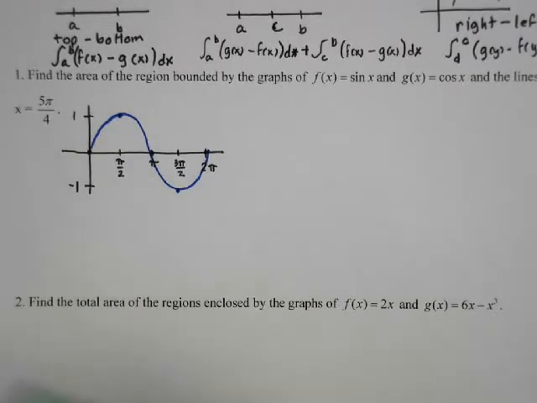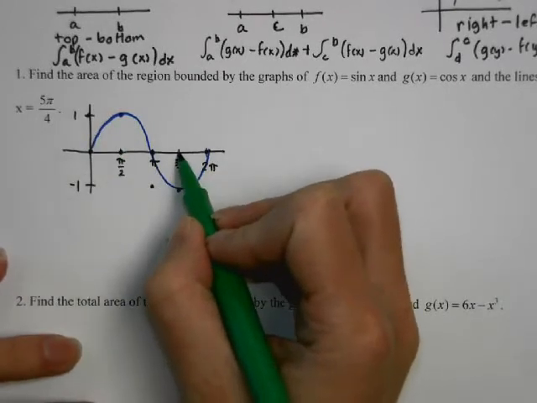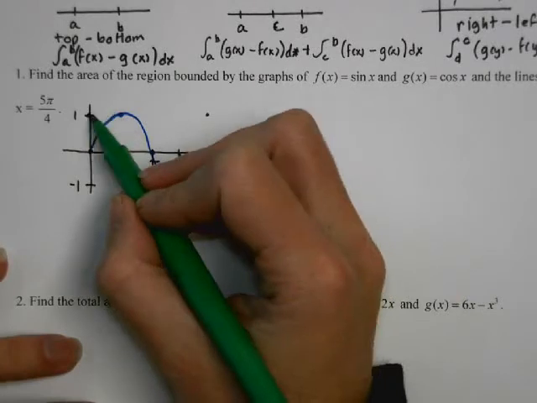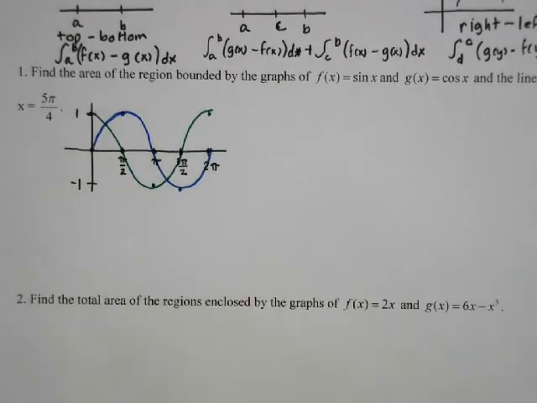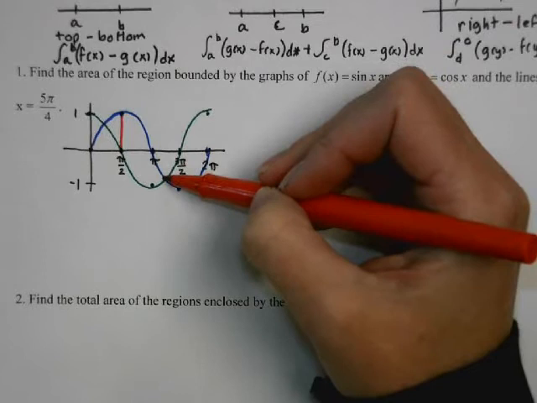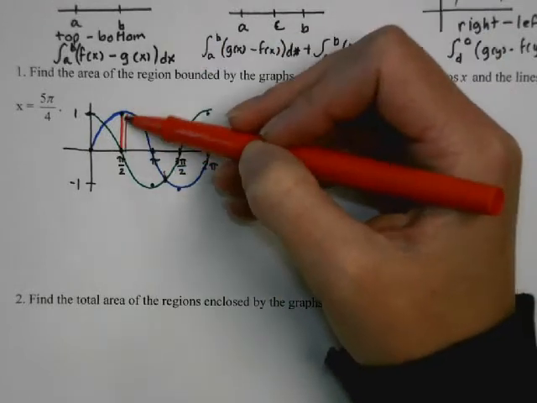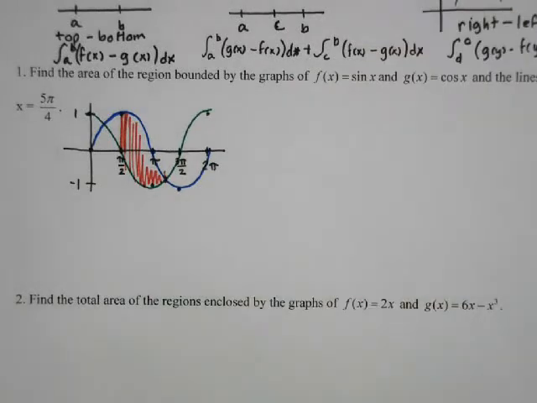And we'll graph a cosine. Okay, and then we have the lines x equals pi over 2 and x equals 5 pi over 4 is actually going to be this intersection.